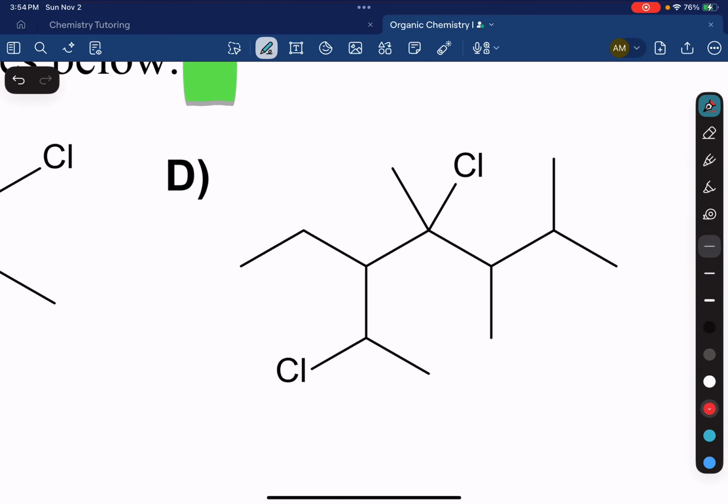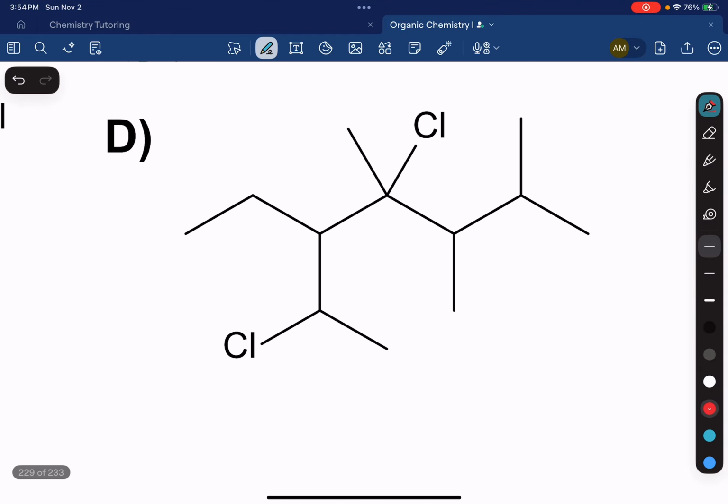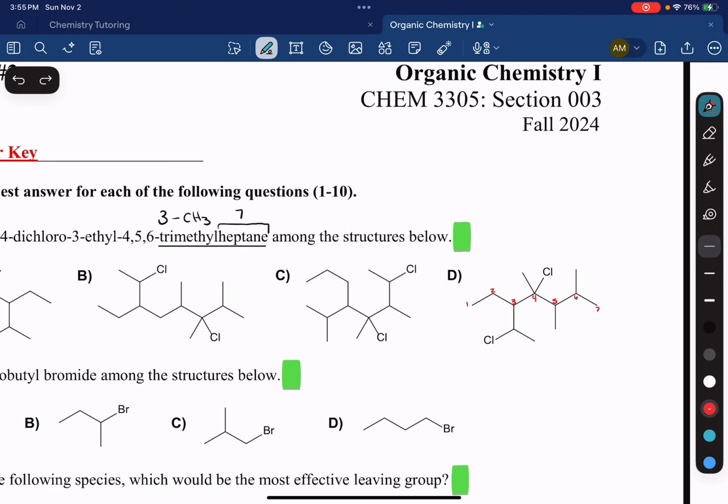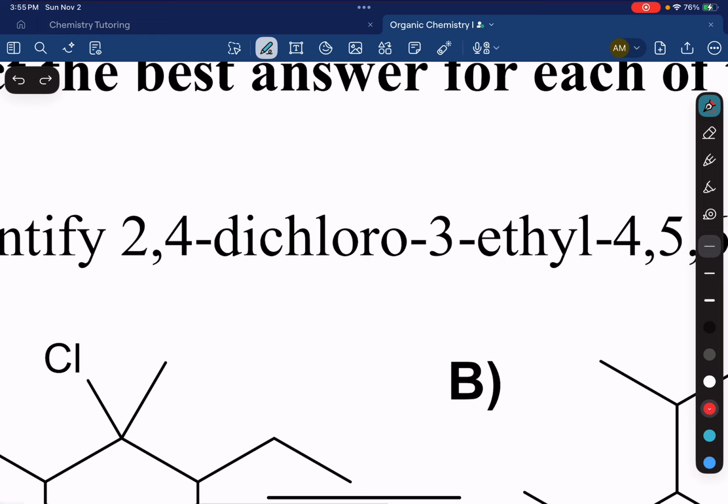So let's just start with D. Let's find the longest carbon chain. 1, 2, 3, 4, 5, 6, 7. Okay, this gives us 1 methyl group, 2, 3 methyl groups. Cool. So maybe we're off to a good start. Okay, so it's trimethyl. On carbon 2 and carbon 4, we should find 2 chlorines.